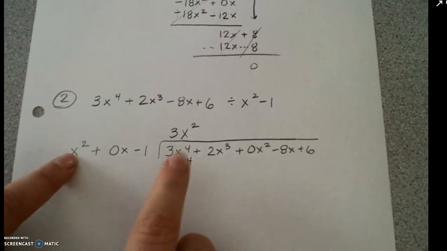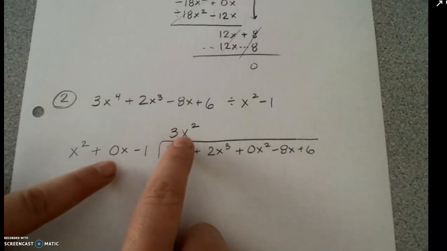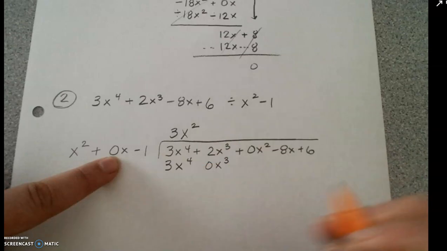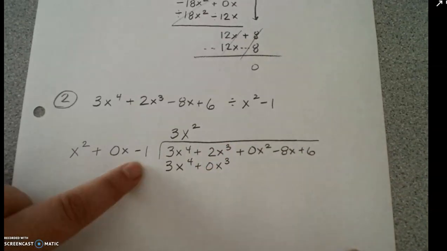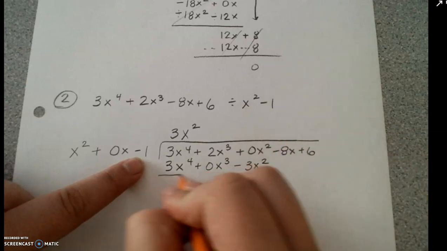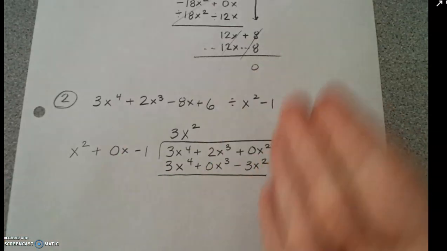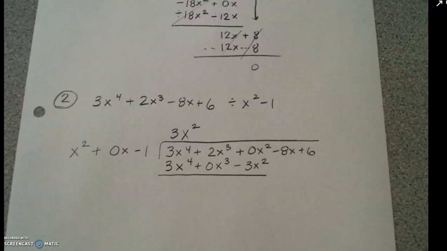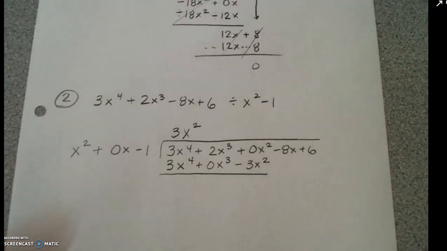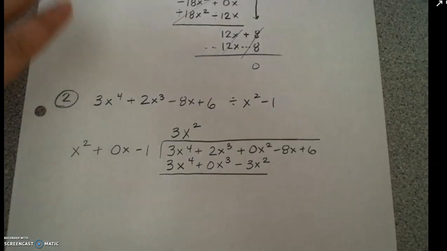So that's those 2 multiplied together. Now I've got to multiply these 2 together. That's going to give me 0x to the 3rd. And then that's going to give me negative 3x squared. Now what that does is allows everything to line up how it should be. Because if I don't put this placeholder in, my exponents are not going to line up with their like terms.